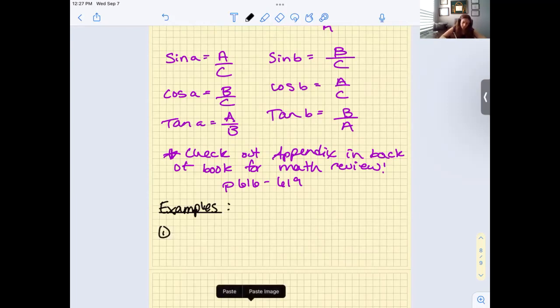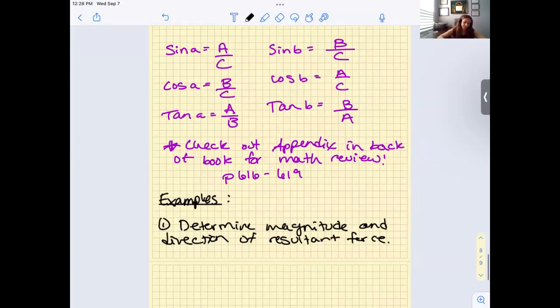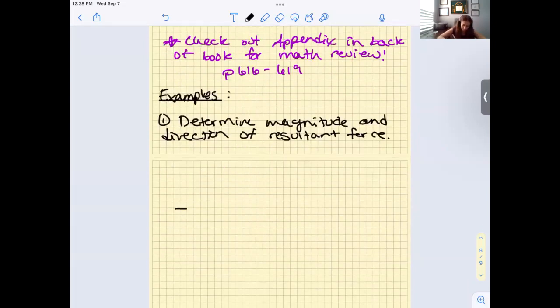Example 1 says to determine the magnitude and the direction of the resultant force. And here is your picture. You have some sort of fixed surface with a hook attached.